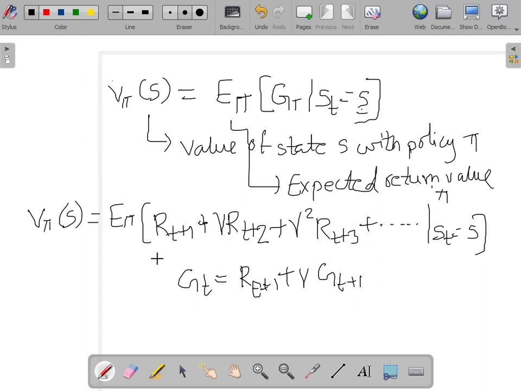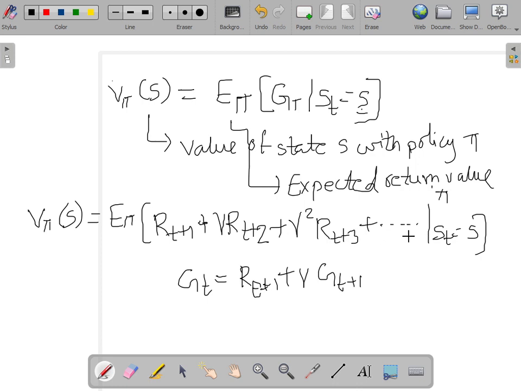So we are substituting the given equation in this way: R of t plus 1 plus gamma G of t plus 1. I said we are taking R of t plus 1 separately, and taking gamma common, so gamma times R of t plus 2 plus gamma R of t plus 3 plus gamma square R of t plus 4.